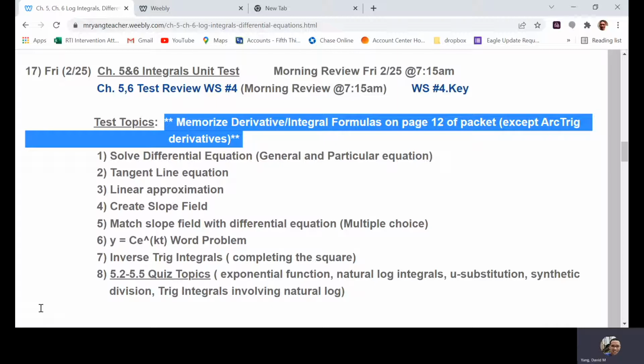Okay, we're also going to be responsible for memorizing derivative and integral formulas.